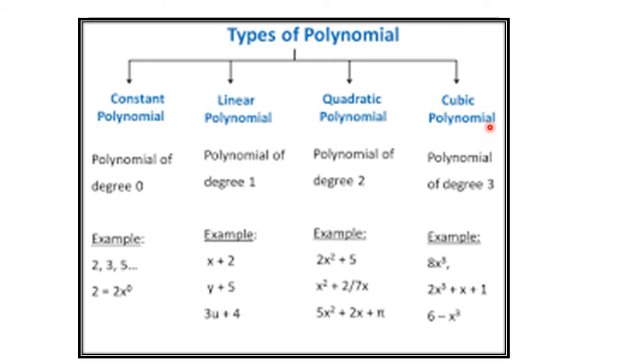Next, here it is a cubic polynomial, and in a cubic polynomial you have the highest power as 3. So the degree of this polynomial will be 3. You can see the examples here. These are called cubic polynomials. So these are the different types of polynomials based on the degree.